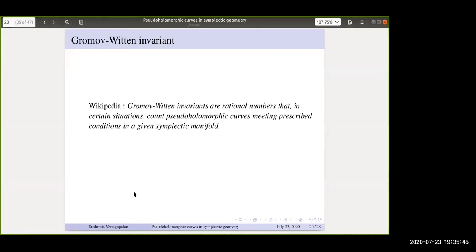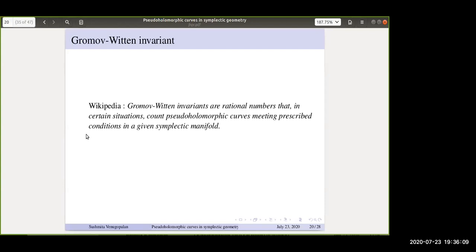But yeah, in general, what often happens is that this is what Wikipedia has to say about a Gromov-Witten invariant. Gromov-Witten invariants are rational numbers that in certain situations count pseudo-holomorphic curves meeting prescribed conditions in a given symplectic manifold. The point is that it's hard to define these invariants in full generality.